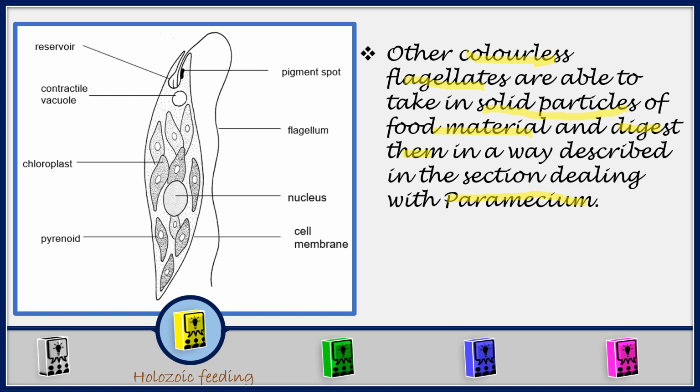So some of these colorless flagellates, as we have seen, don't have chlorophyll, they cannot make their own food. They do take in solid particles of food materials, and when those have been taken into the body, they will digest them, as we shall see in paramecium.